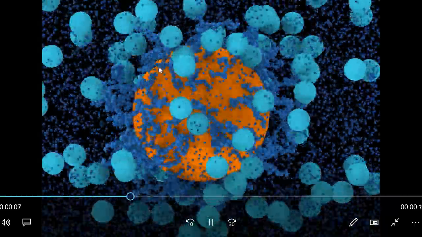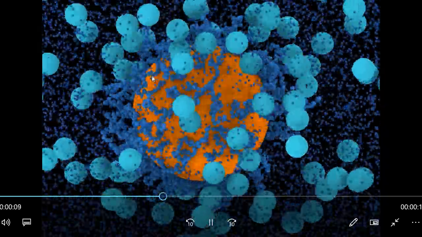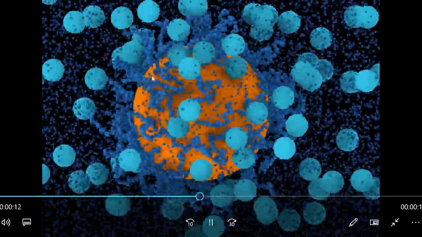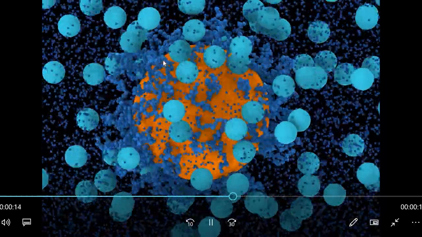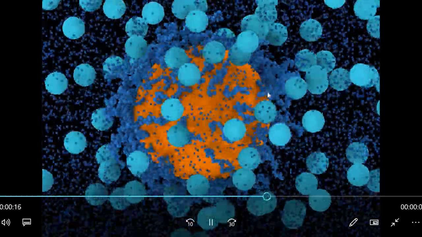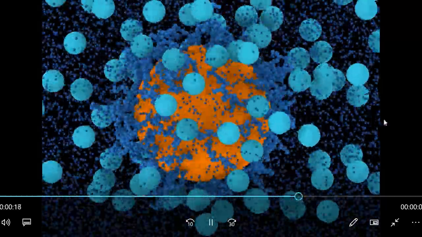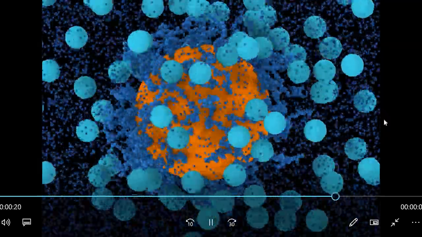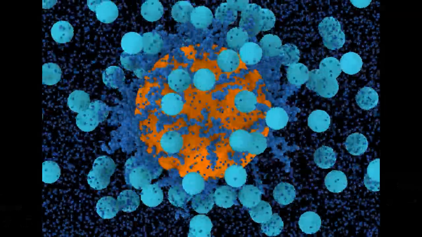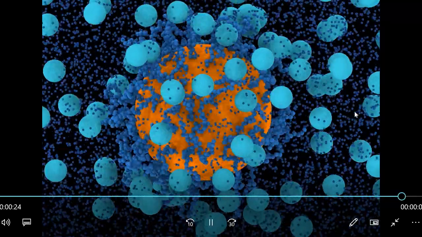The size of the polymers is of the order of some nanometers as well. So we have the radius of gyration and the size of the molecules, which is of the order of 1 or 2 nanometers.